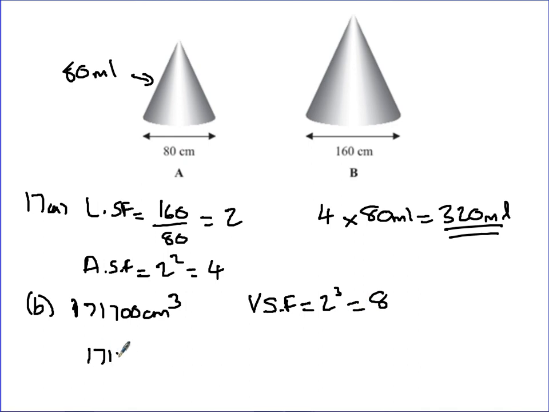So we times 171,700 times by 8, which will then give us 1,373,600 centimetres cubed.